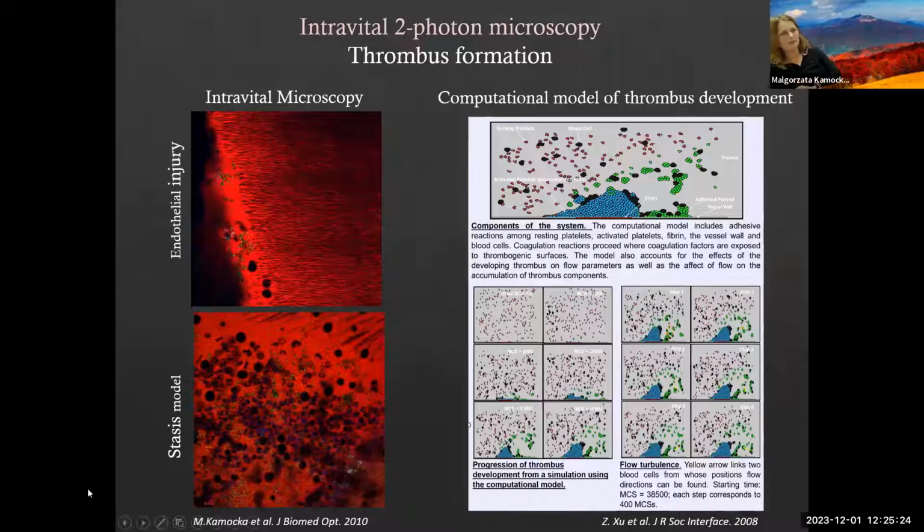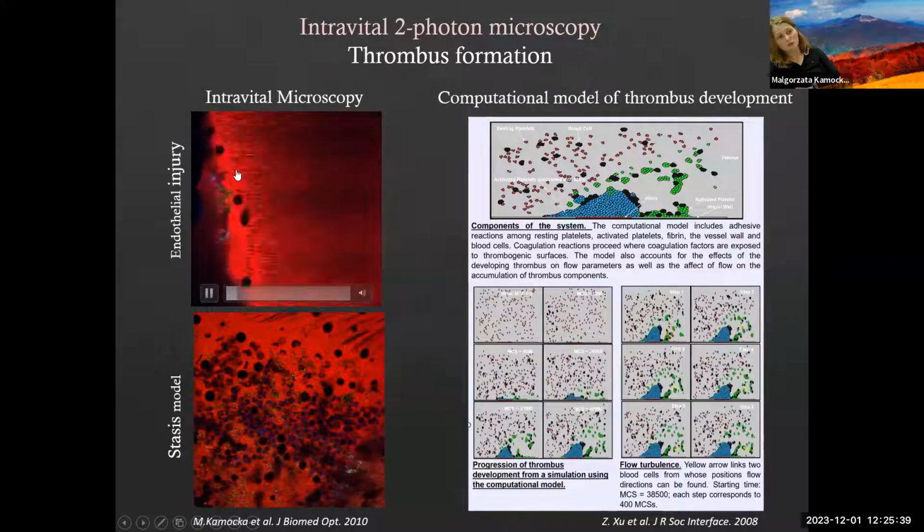On this slide, I included two videos showing clot formation in the mesentery venule. The top picture shows the plasma flowing through the vessel, which is labeled in red, and the endothelium on the side of the vessel was injured with a laser.